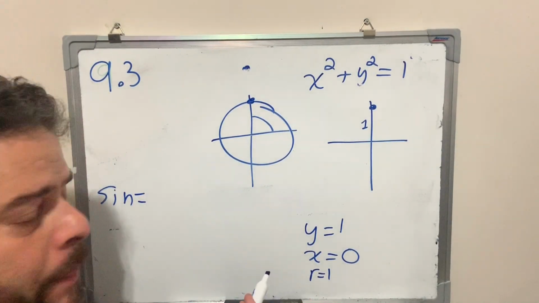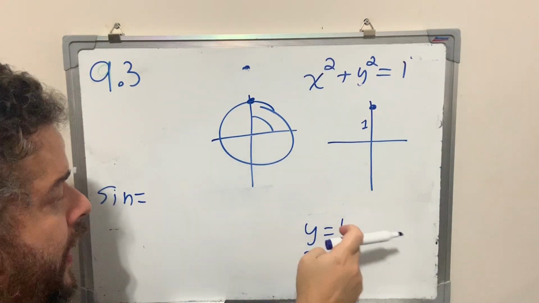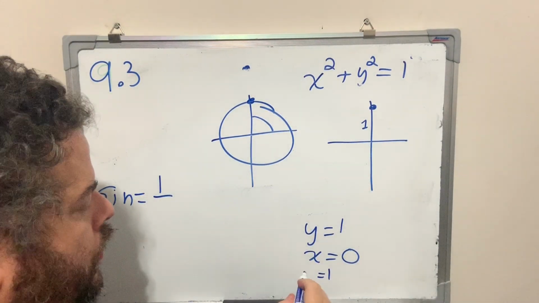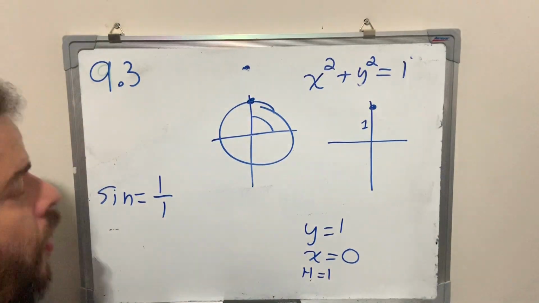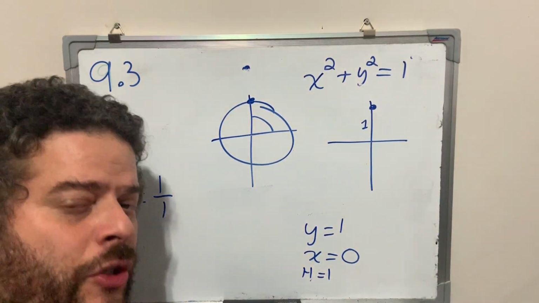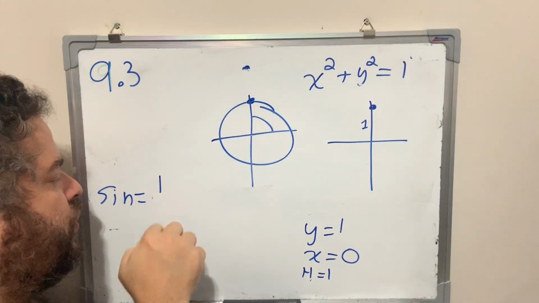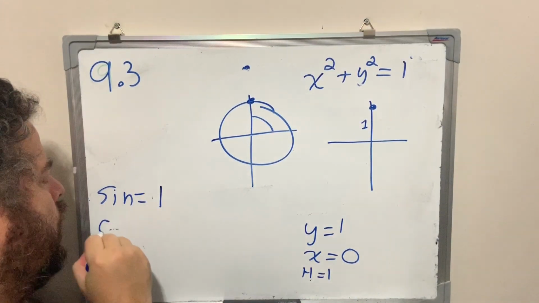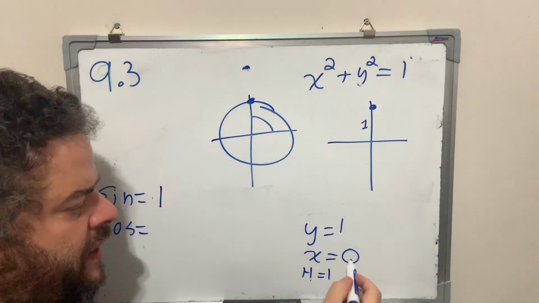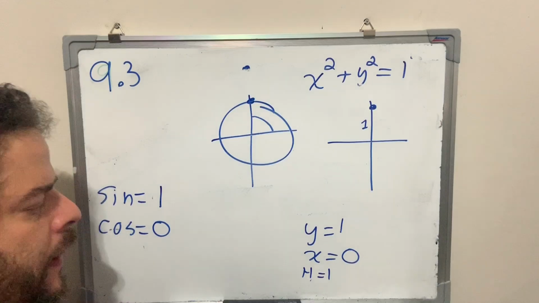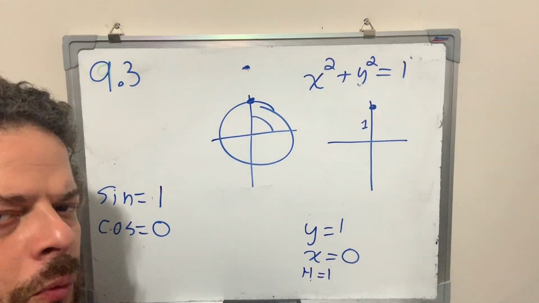Sine is opposite, or y, over hypotenuse, which is 1. Or, as I said, since it's a unit circle, sine is the same thing as y. So sine would be 1. Cosine would be the exact same thing as x. Cosine would be 0.